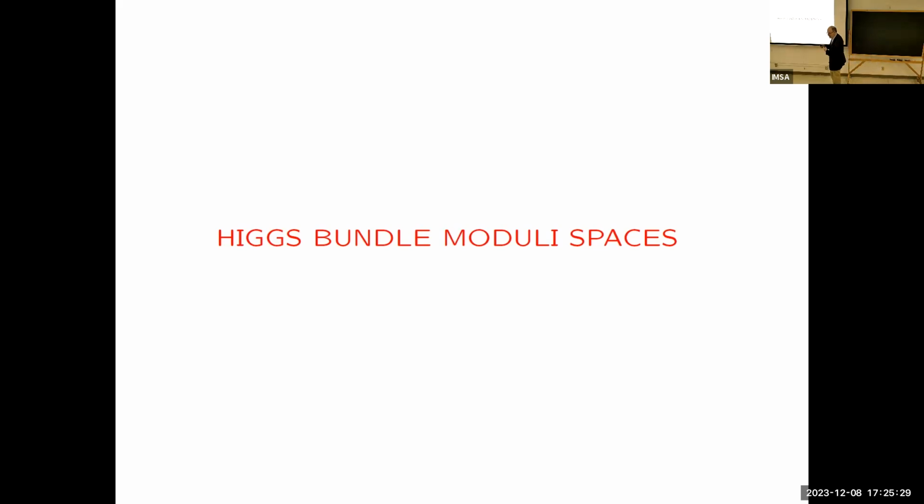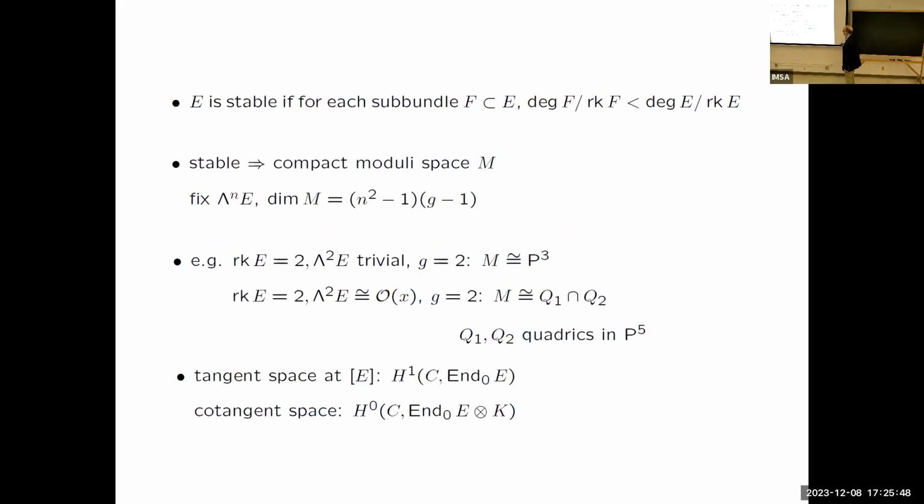So we need to have some means of not just relying on a previous existence theorem about moduli spaces of bundles, but we need to have some more direct way of constructing these objects. So we learned from the classical Higgs moduli space how to do that. So let me first of all talk about stability here.